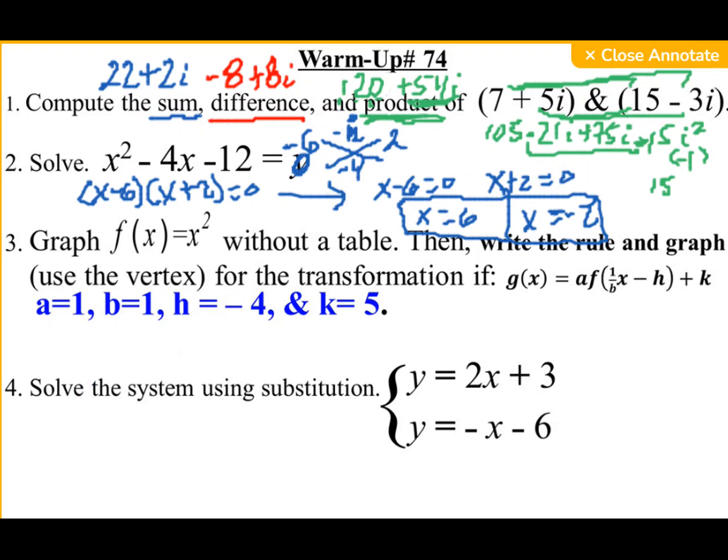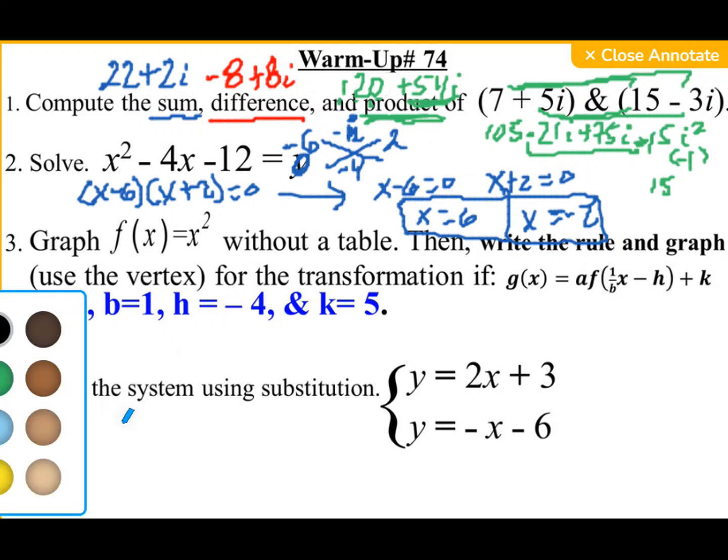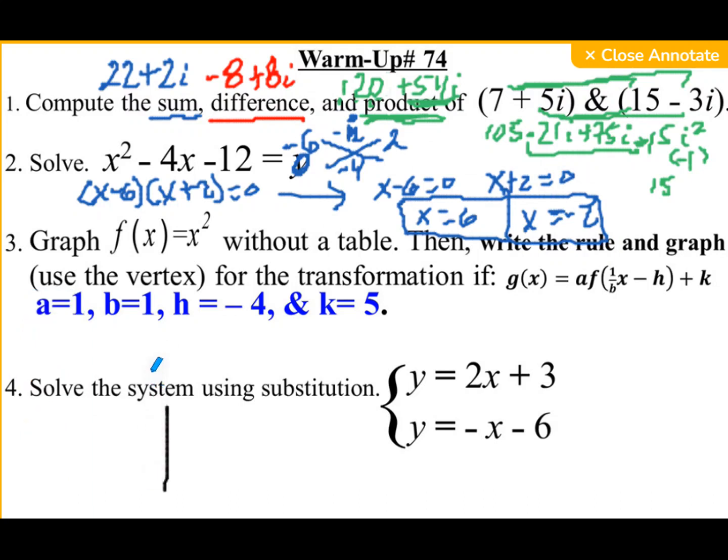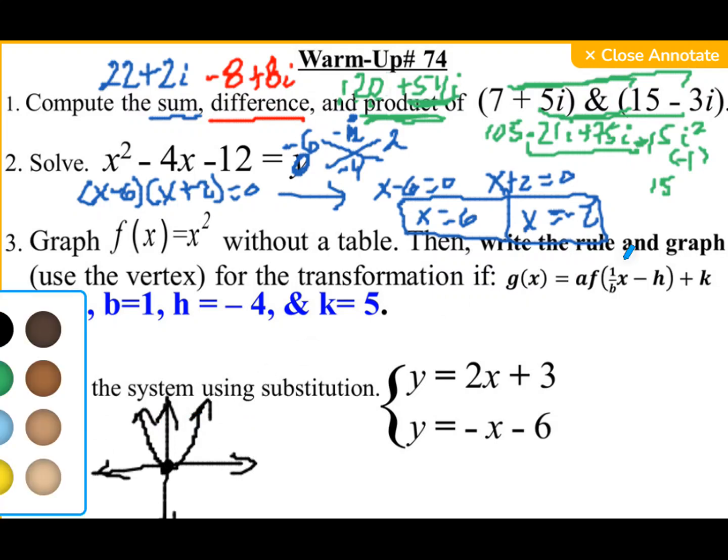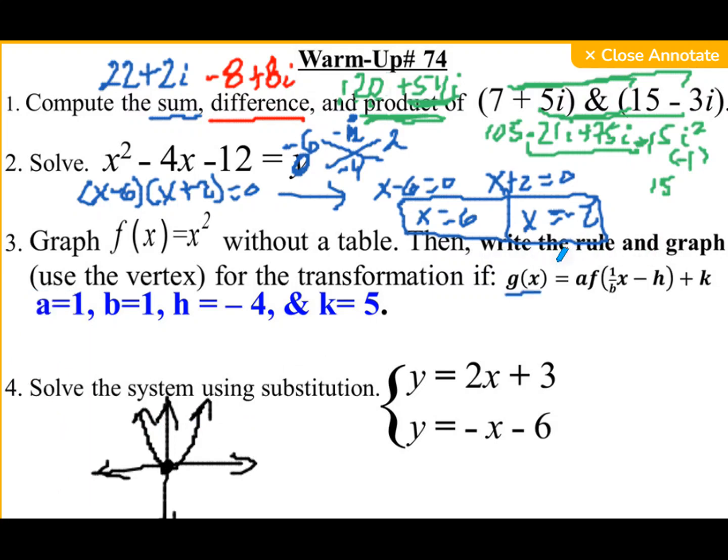Number 3. If I was to graph this, let me graph it down here. f of x is going through the point of origin like so, at 0, 0. Once we write our new rule with all these parameters, what is our new vertex?